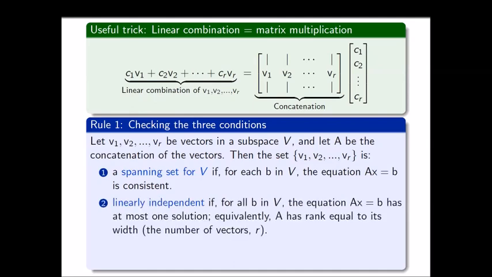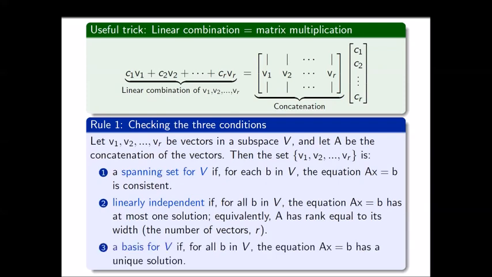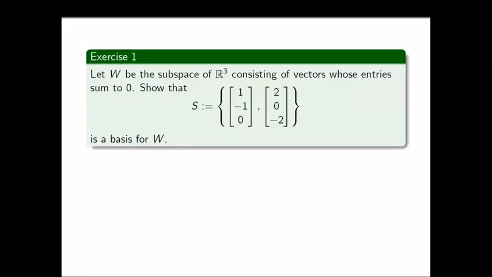A linearly independent set, if for all b in V, the equation Ax equal to b has at most one solution. In other words, A has rank equal to its width, which is the same as the number of vectors. And the set is a basis for V if for all vectors b in V, the equation Ax equal to b has a unique solution. Let's understand this with the help of an exercise.